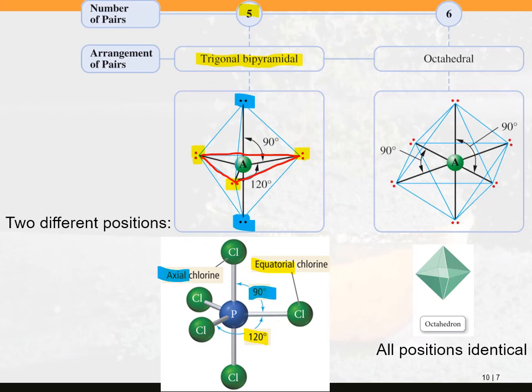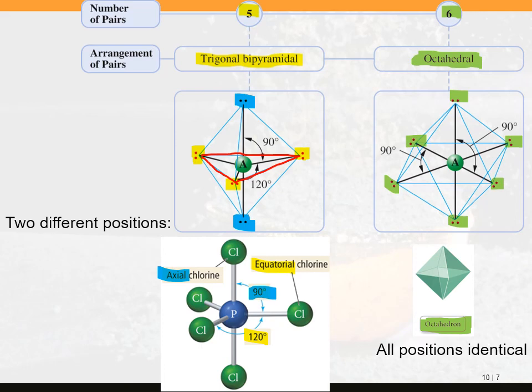As you see in the shape with 6 electron domains, the positions are identical. We call this the octahedral arrangement, that there are 6 positions, 1, 2, 3, 4, 5, 6, that correspond to the corners of an octahedron, meaning 8 faces.